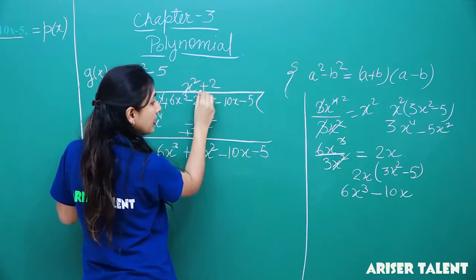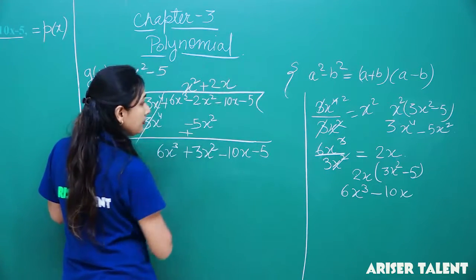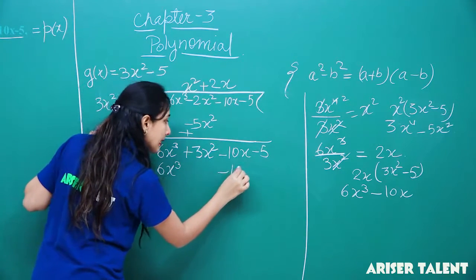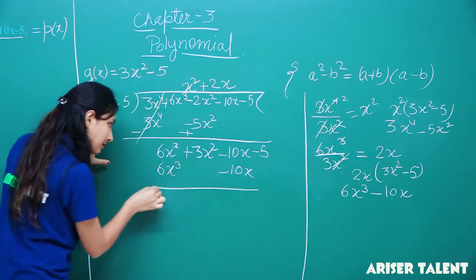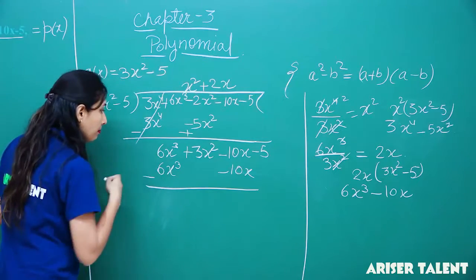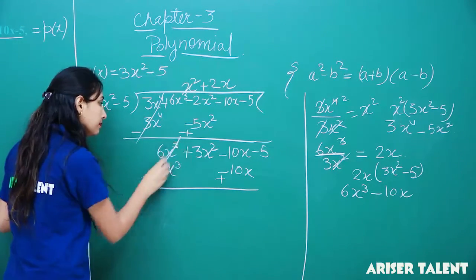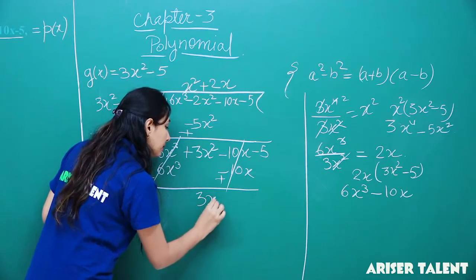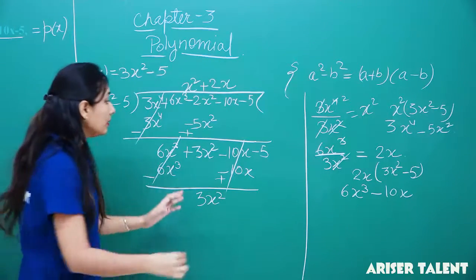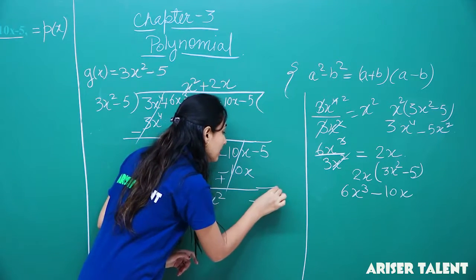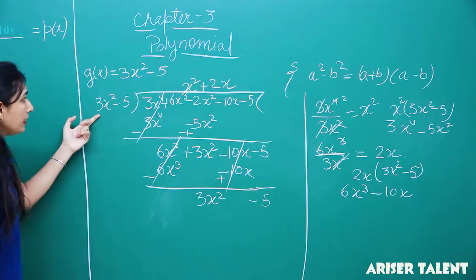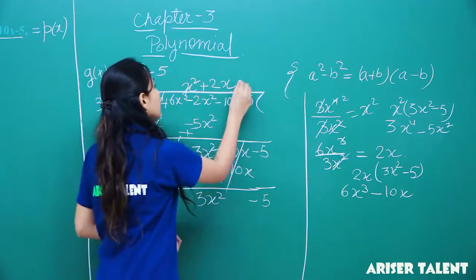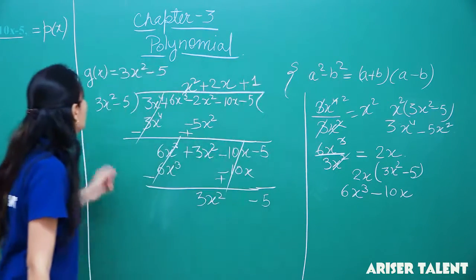Now minus and plus cancel out. Now 3x square and the remaining minus 5. 3x square will give you plus 1.